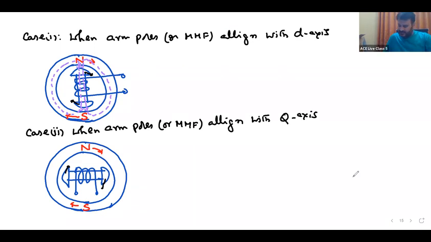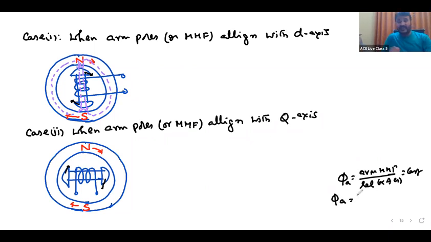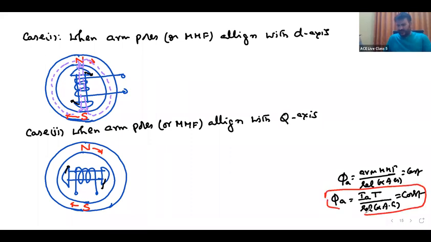Our relation, as I told earlier, is flux equal to armature MMF divided by reluctance, which is proportional to air gap, and that will be constant. Therefore, only armature flux is there in our machine; no main field flux because there is no DC excitation. But phi is equal to Ia into turns by reluctance, proportional to air gap, and that must be constant. So mainly we will use this relation.